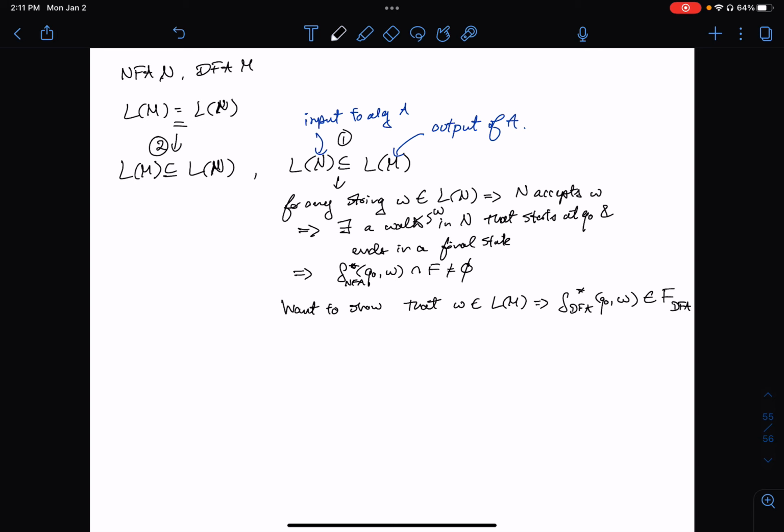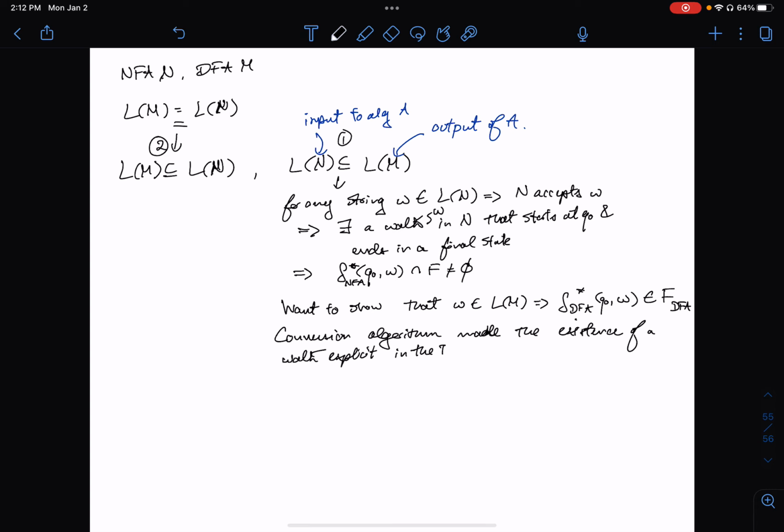I'm not going to write that down formally, right? But essentially, the conversion algorithm made the existence of a walk explicit in the DFA. By explicit, I mean that it's listed all of the possible branchings, right?